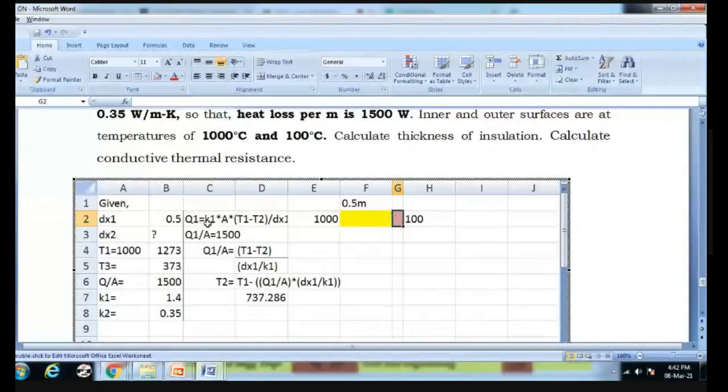This formula: Q1 upon A equals K1 into T1 minus T2, divided by the thickness. Now the problem is T1 minus T2, you have to take this and this, but as you know there are three interfaces now.